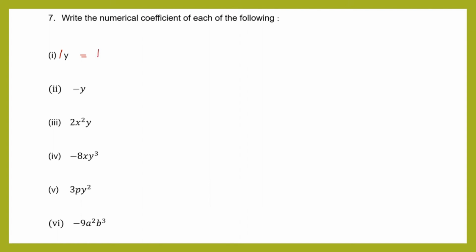Here there is minus 1y. So the numerical coefficient is minus 1. Here the numerical coefficient is 2. Pick only the numbers. Pick out only the number. Minus 8 is the numerical coefficient. 3 is the numerical coefficient. Minus 9 is the numerical coefficient. So pick out only the number.